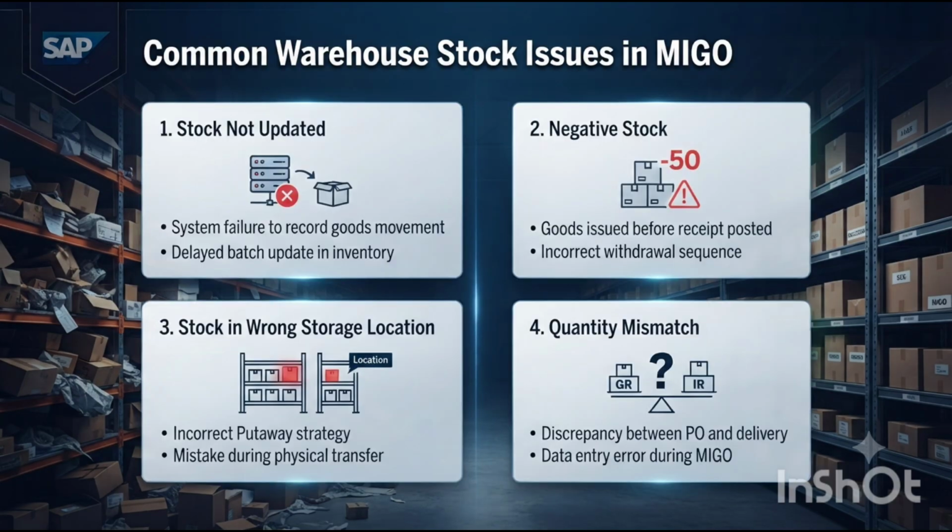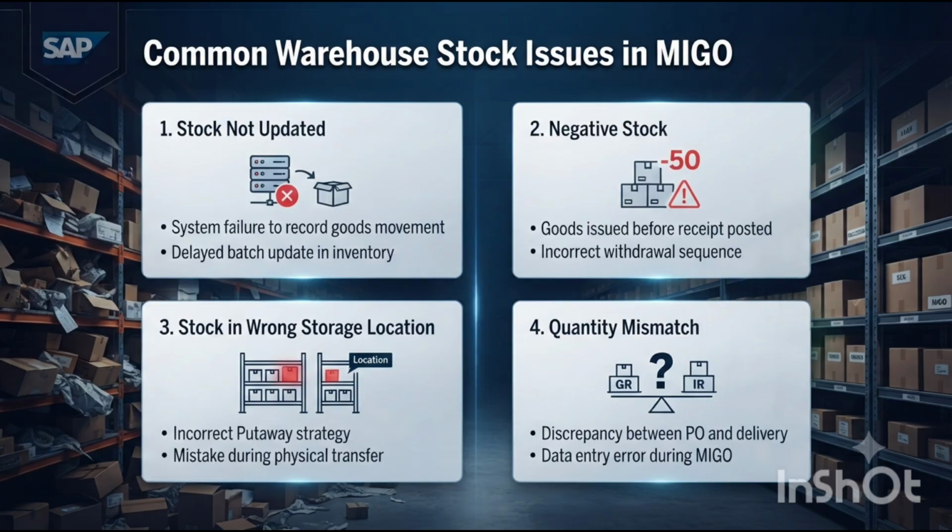Let's look at the most common warehouse stock issues faced in MIGO. First, stock not getting updated after posting. Second, negative stock appearing in the system. Third, material posted to the wrong storage location. And fourth, quantity mismatch between physical count and system record.